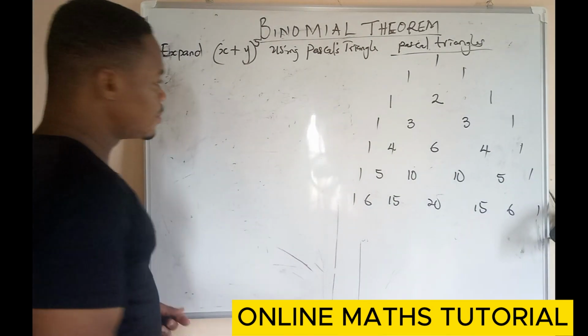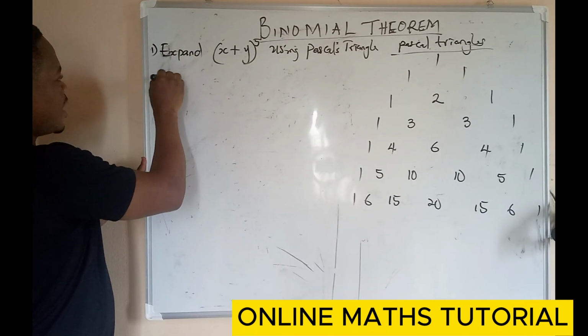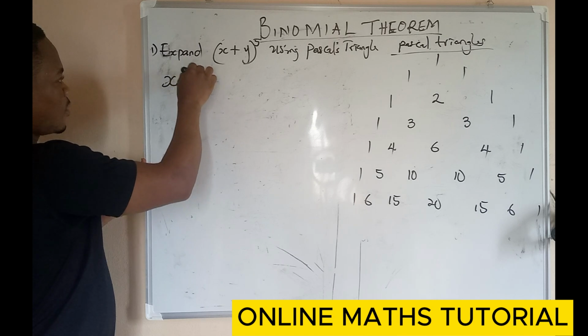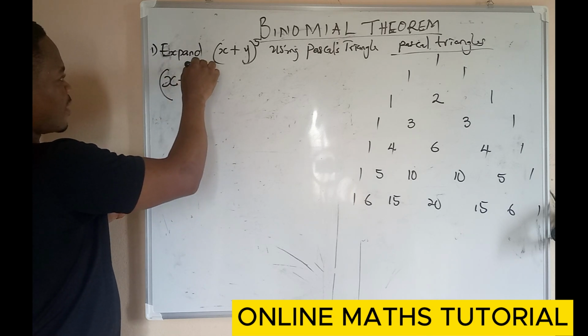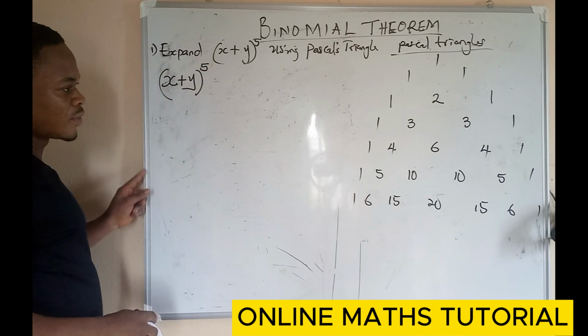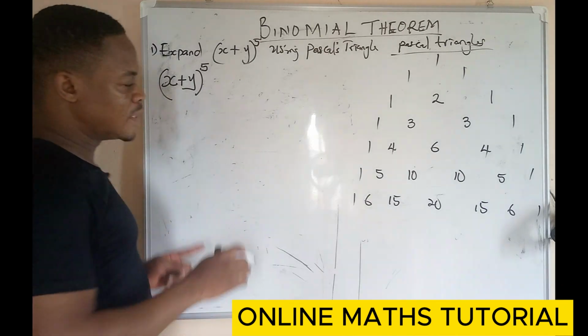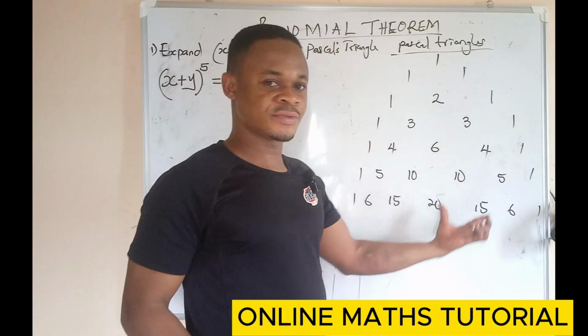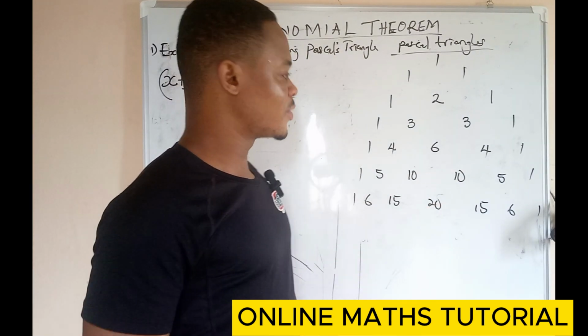Now to solve this problem, we have x plus y all raised to the power 5. The first thing we'll do is draw our Pascal triangle. Get our Pascal triangle ready.